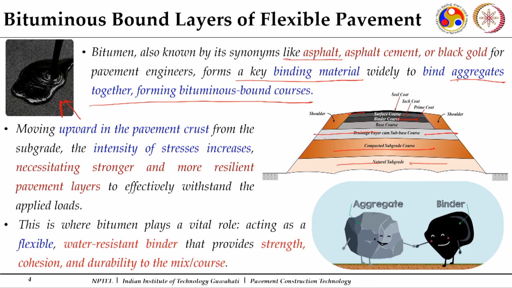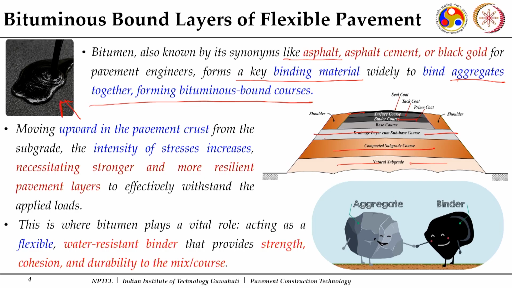Now, as you go to the top, the stresses keep on increasing because the upper layers will experience higher stresses compared to the lower layers. So, we want our upper layers to be stronger, and they will be exposed to severe climatic conditions. They will be exposed to higher temperatures. The topmost layer will be exposed to continuous abrasion by the vehicle tires.